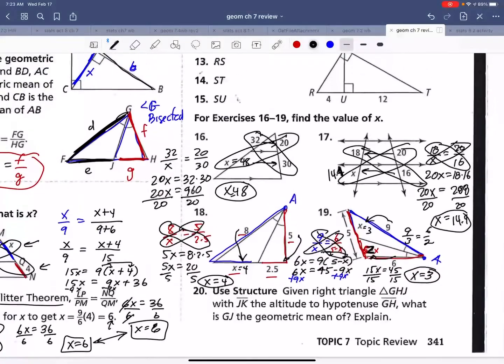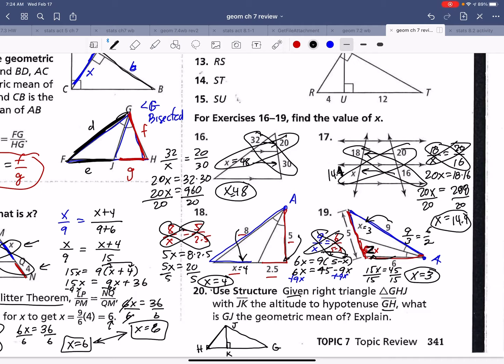Number 20, use structure. So given the right triangle GHJ, with an altitude JK to the hypotenuse GH.